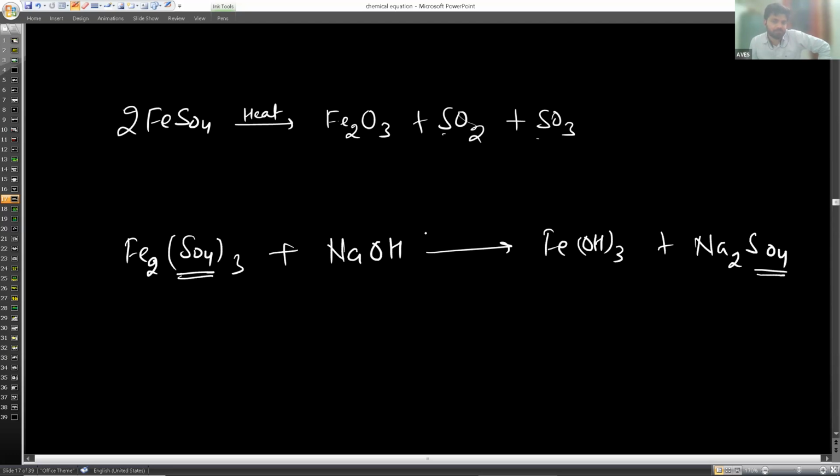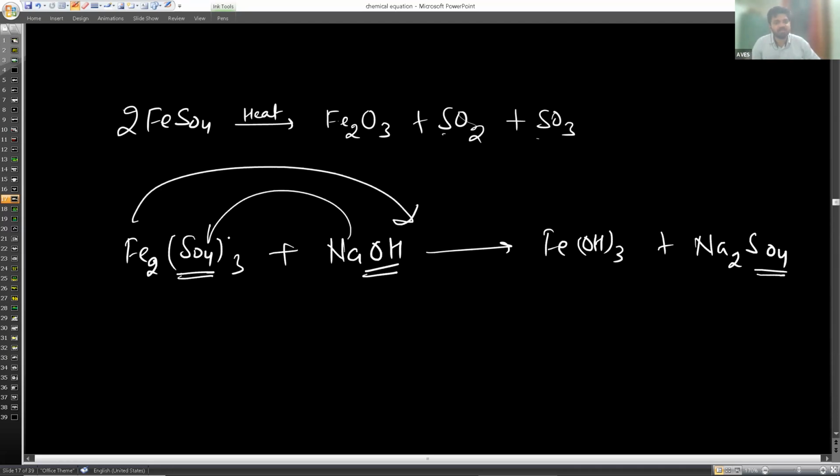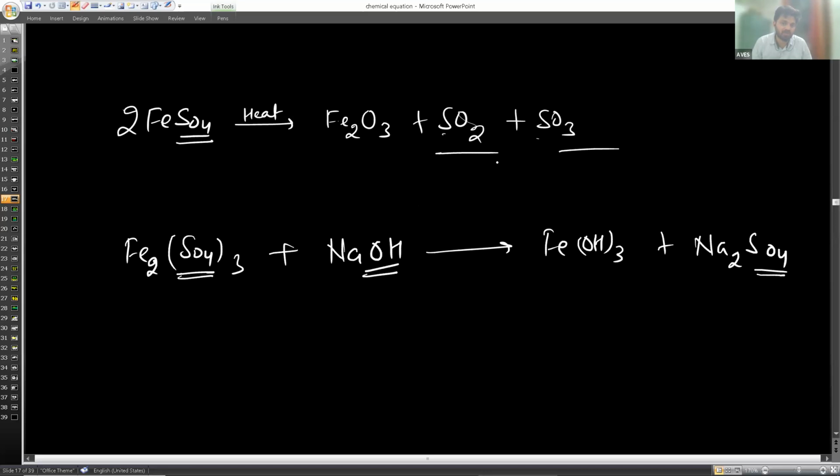It is the same. This hydroxide ion is the same. This is a polyatomic ion. It is not disintegrating, only they are exchanging. Iron is coming with hydroxide ion, and Na is coming with sulfate ion. Unlike here, where SO4 disintegrates, there the sulfate ion is in the same state.